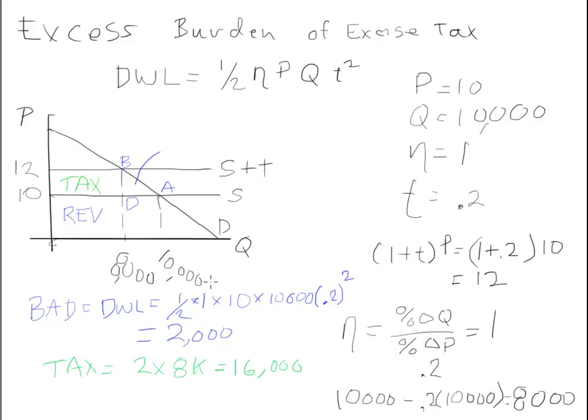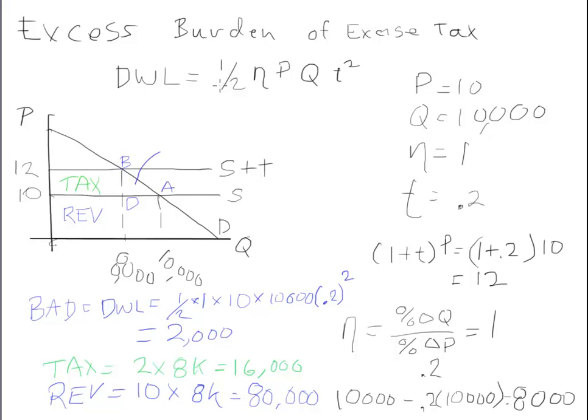And then we have, let's see, 10. So revenue, let's do it in blue. So our revenue is equal to the height, 10, times the base, 8K. 8 times 10 is what, 80,000. Remember, K's in thousands. $80,000 for this revenue.